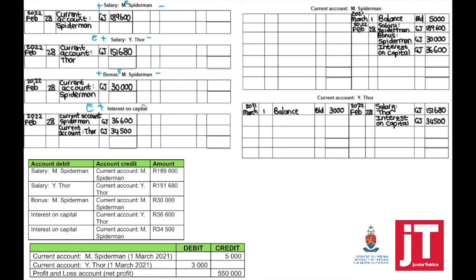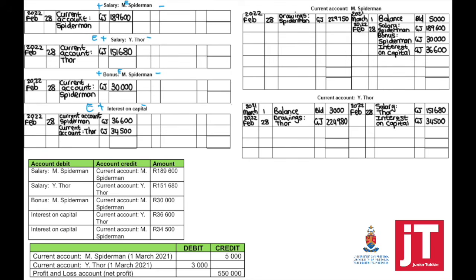If we look at the current account, at the end of last year, which is the opening balance this year, the current account of Spider-Man had a credit balance, so its balance brought down 5,000. 4 had a debit balance 3,000, so on the debit side 3,000. If you remember our earlier slide, drawings, where did we close drawings off to?